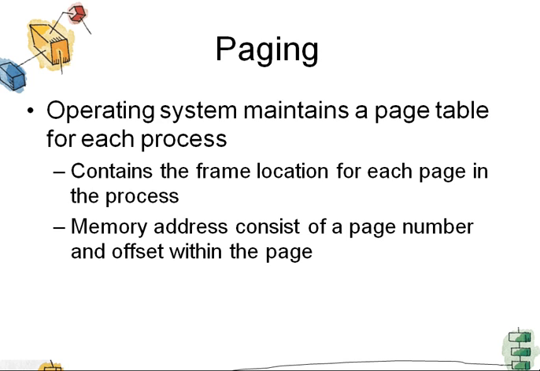So if a page is occupying some frame, then it is maintained in the page table. The entry for that frame is maintained in the page table, and even the memory address of the page number and offset within the page. So a memory address consists of a page number and an offset within that page.